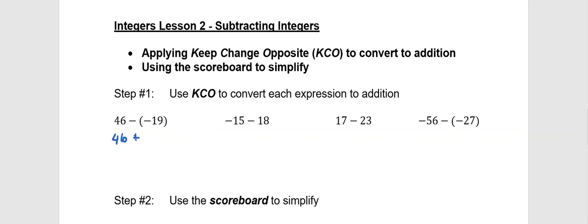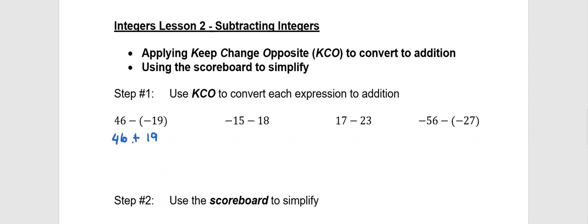And by changing from subtraction to addition, I'm now going to take the opposite of the number that follows. So instead of saying minus negative 19, I'm going to take the opposite of negative 19 and say 19. So 46 plus 19, using keep change opposite, or KCO, is equivalent to 46 minus negative 19.